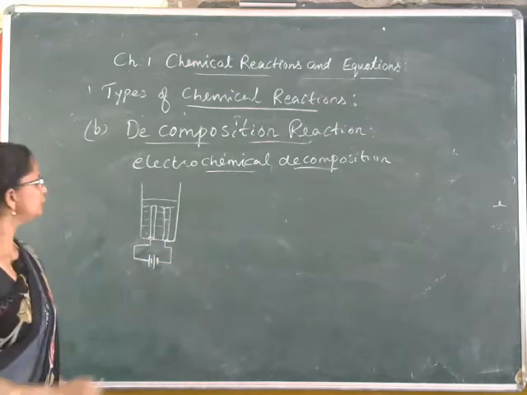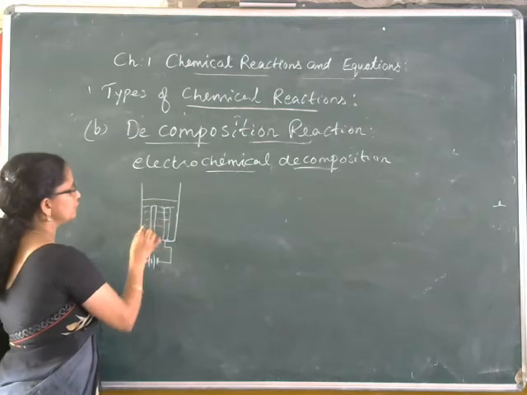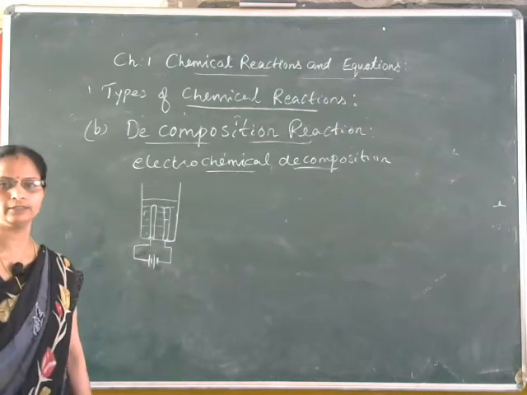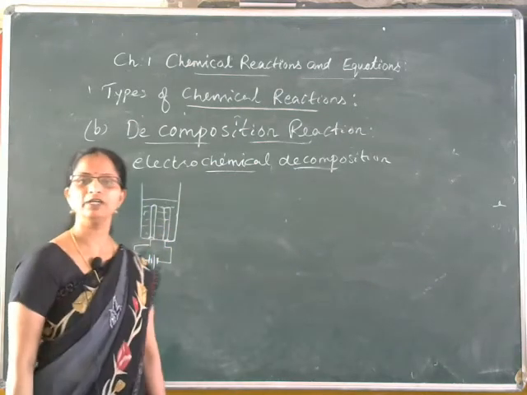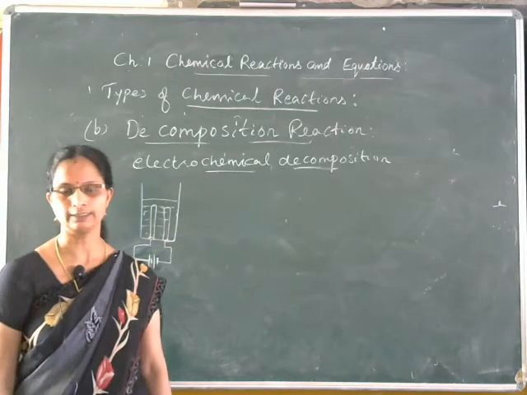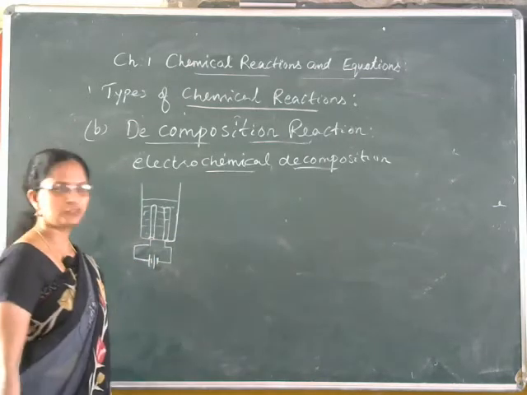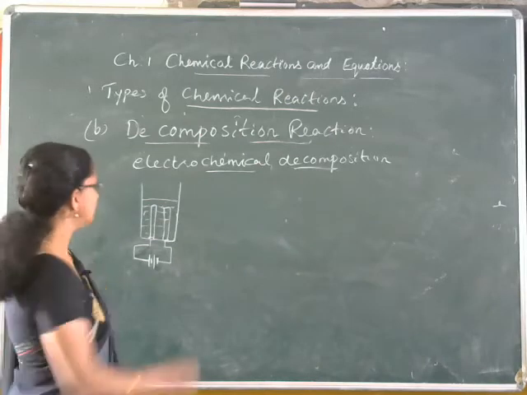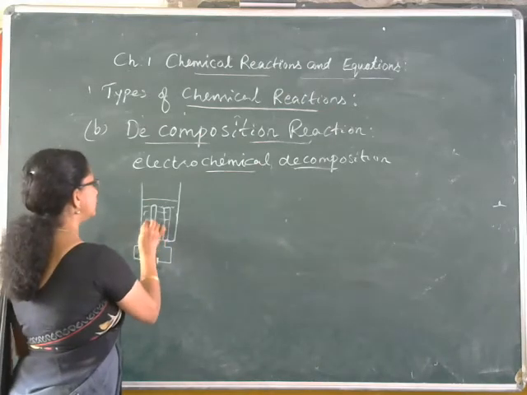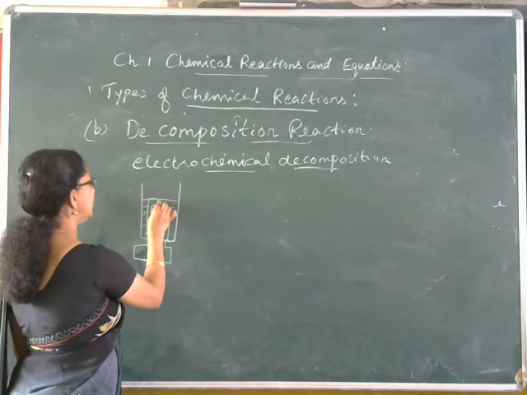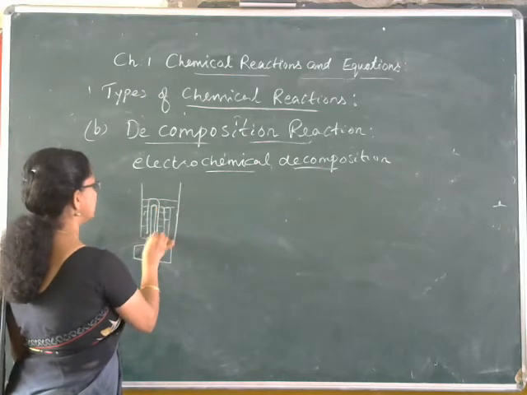And 1 or 2 drops of sulfuric acid is added into this water to make the water a good conductor of electricity. Two test tubes filled with water are taken and kept inverted on each electrode, the positive electrode and the negative electrode.